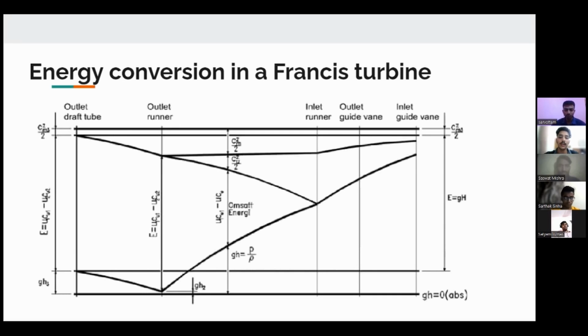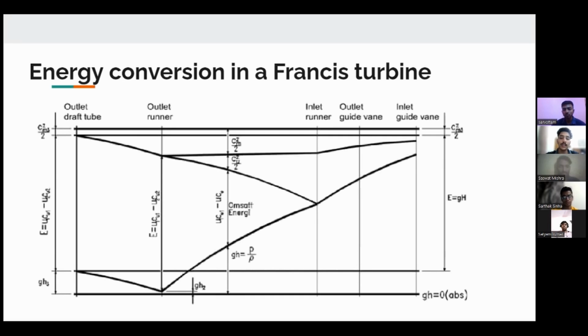From the runner inlet, energy is gradually converted to mechanical energy by the runner. Towards the outlet of the runner, the absolute pressure decreases below the pressure outside the draft tube, and rotational kinetic energy decreases as we have studied theoretically.